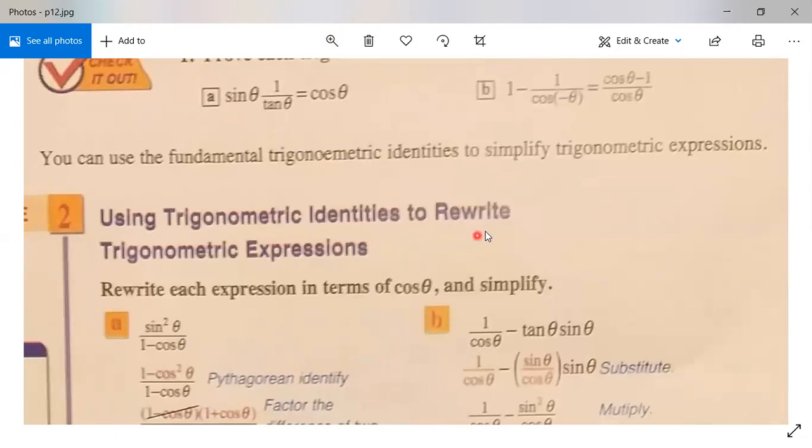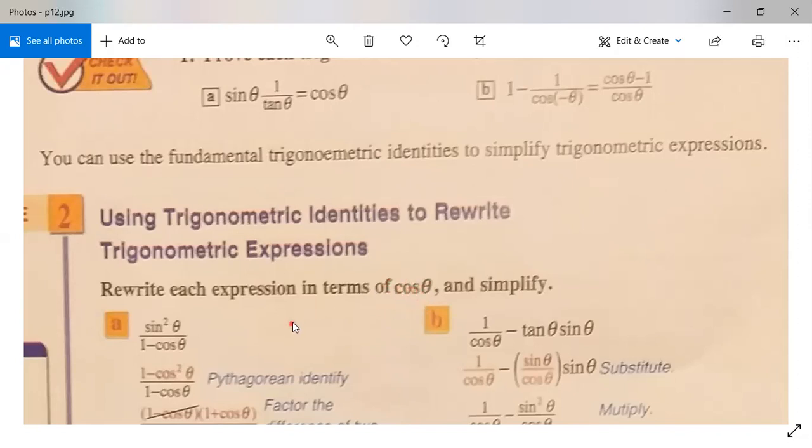What does rewrite mean? Write the equation, but in another way. Which way do we need? We need it in terms of cosine, meaning we need just cosine. If you see tan or sine, convert to cosine.